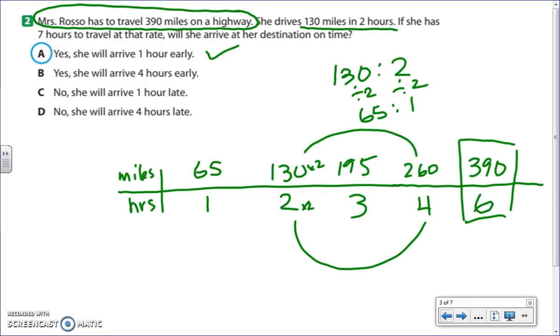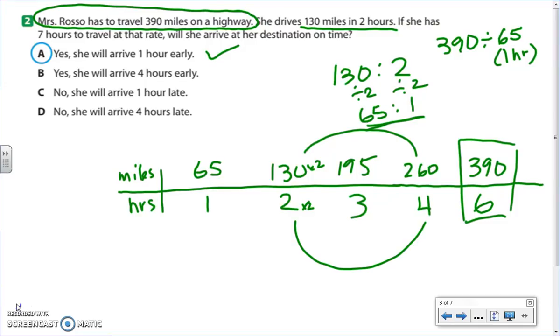If we wanted to use the unit rate, we could say, well, she's got to go 390 miles, and we know that she goes 65 in 1 hour. So if I figure out how many 65s go into 390, and each one of those takes an hour, I can figure out how long it will take her altogether to go 390 miles.